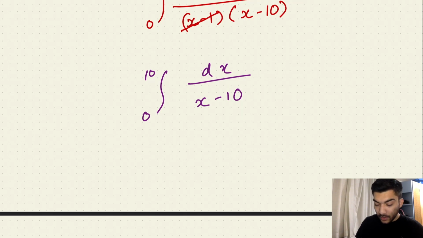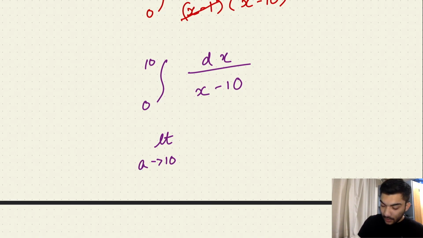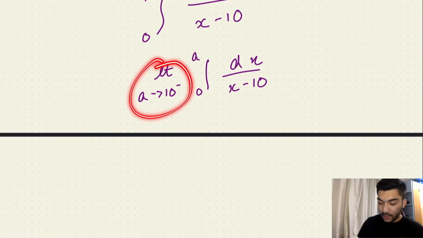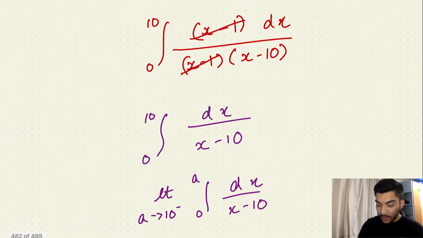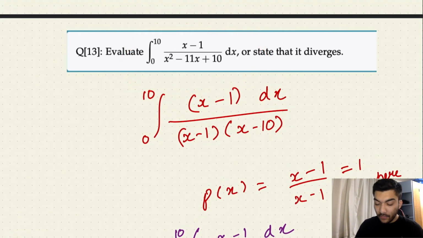We already covered how to solve these types of questions in the previous videos. You take the limit as a approaches 10 from the left of the integral from 0 to a of dx upon x minus 10, and if you solve this integral and take the limit, you'll notice that this limit does not exist, which means that our original integral diverges.